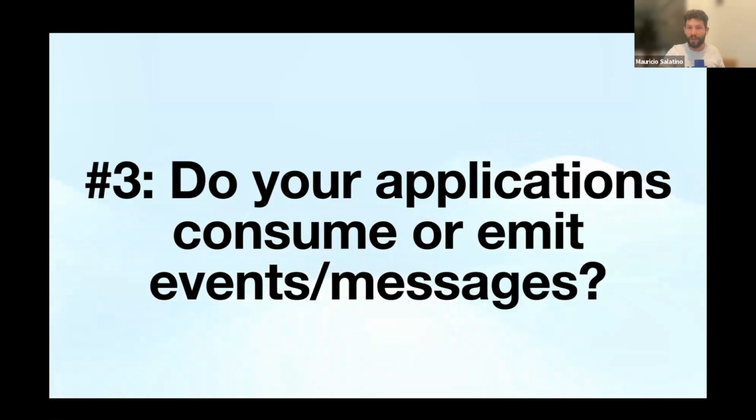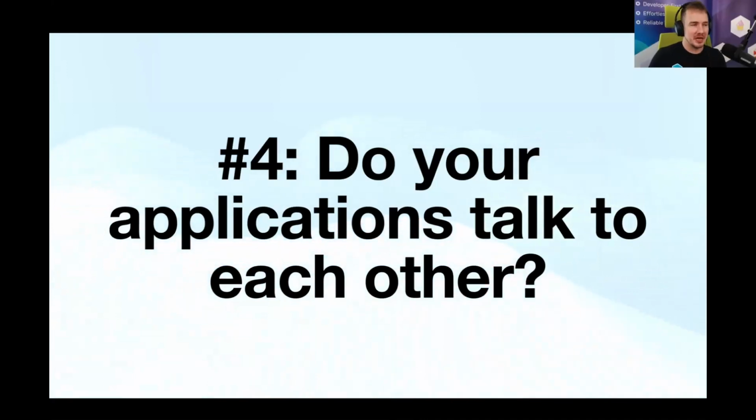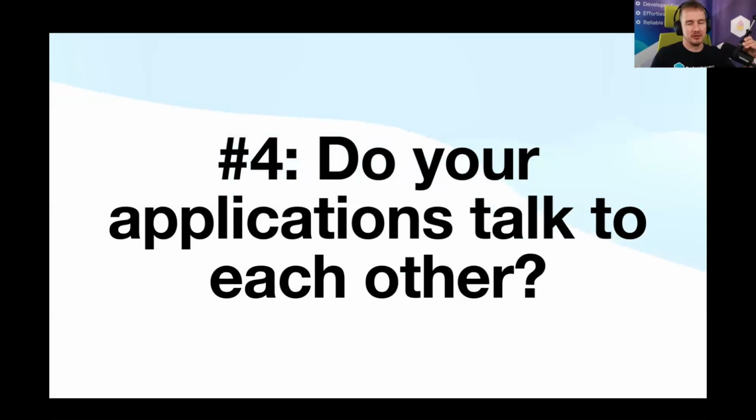And then the last one, of course, if you have multiple applications and services, they will talk to each other, right? You will need some way or mechanism to make sure that application A can reach application B and they can exchange information. And that's how you build more and more complex systems, right? Yes, and this communication can be through a direct invocation, like a REST API or any other protocol like gRPC or whatever, or it could be through message brokers as well.